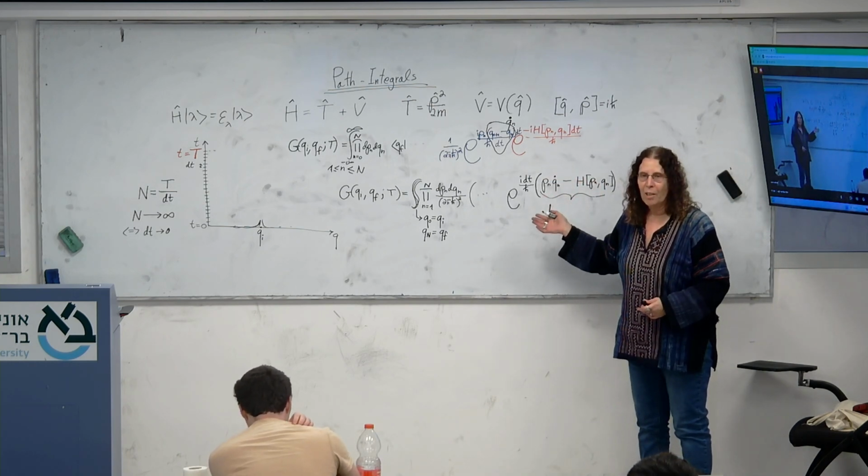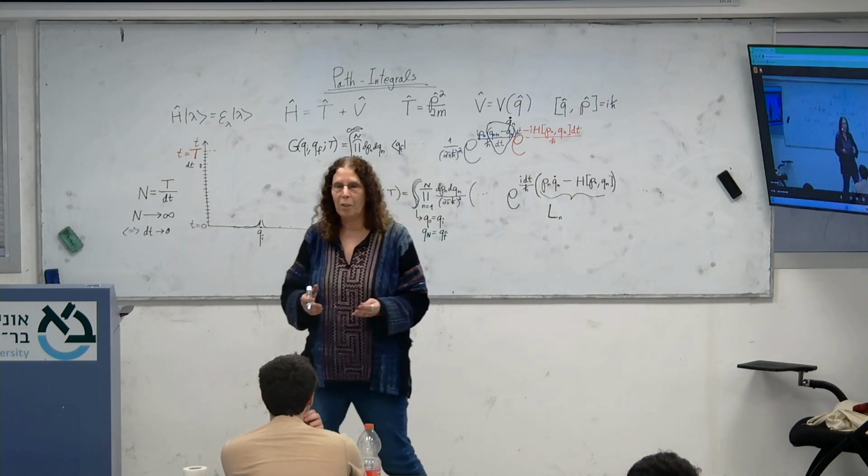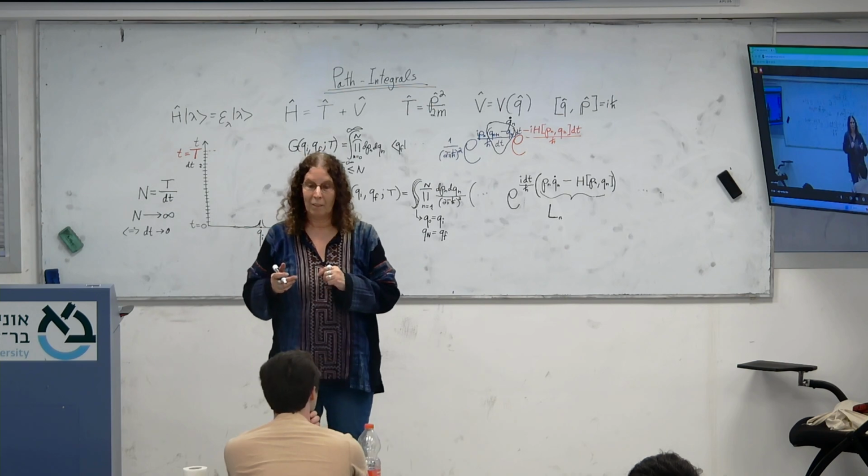Because they're all numbers, I can replace the product of exponents by an exponent of the sum, right?